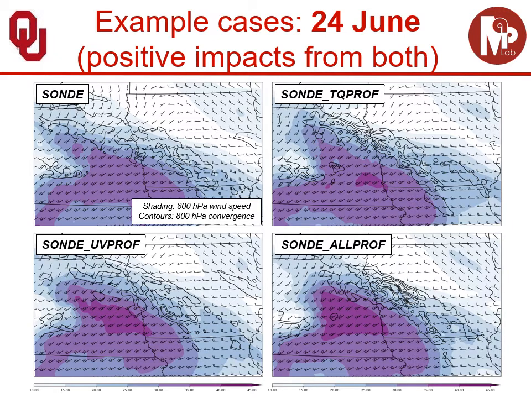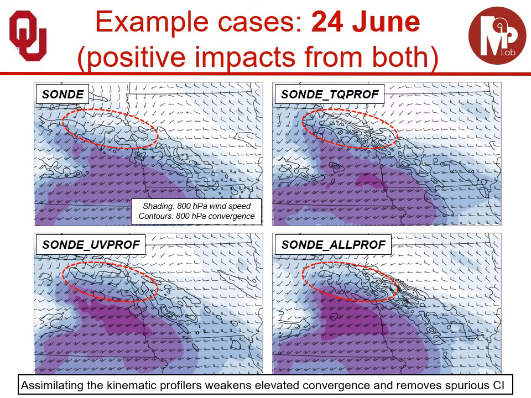So this is looking at 800 hectopascal wind speeds and convergence. We can see that in SOND UV-PROF, the ambient wind speeds are increased throughout much of eastern Nebraska, and this has the impact of weakening the wind gradient and thus reducing the convergence in northeastern Nebraska, especially compared to SOND TQ-PROF.